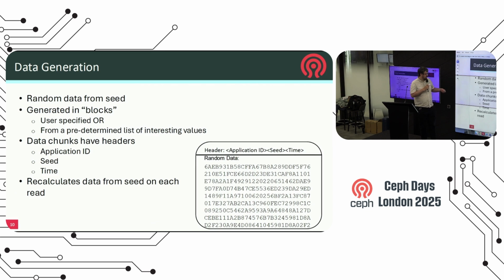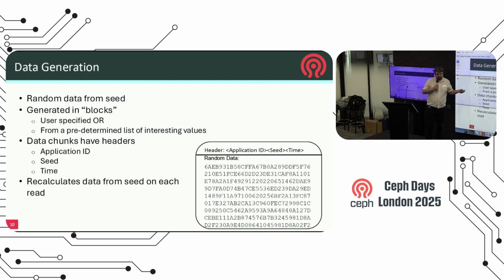These chunks have headers in them with some interesting information, such as the application ID, so that we can make sure that the data we're reading is something we've written from this application, or if it was from somewhere else, in which case we might want to investigate where that came from. We also put in a seed and a time, which is quite useful for debugging. You might want to know when the data you're looking at was written, and for that we can see it from the header.